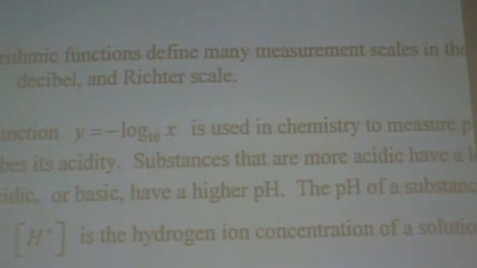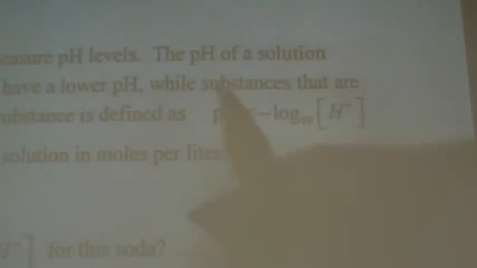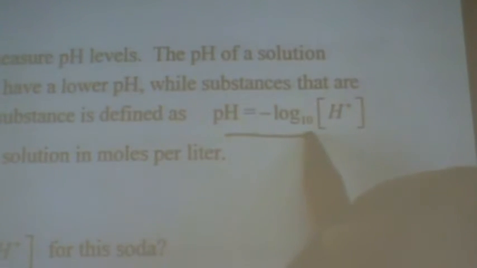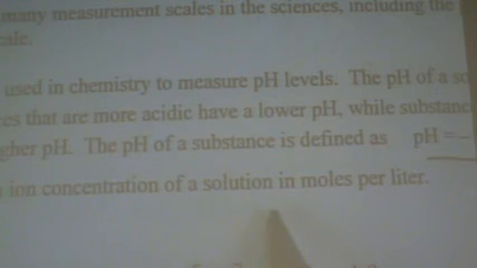Substances that are more acidic have a lower pH, while substances that are less acidic or basic have a higher pH. The pH of a substance is defined as pH equals -1 times the log base 10 of H plus, where H plus is the hydrogen ion concentration of a solution in moles per liter.